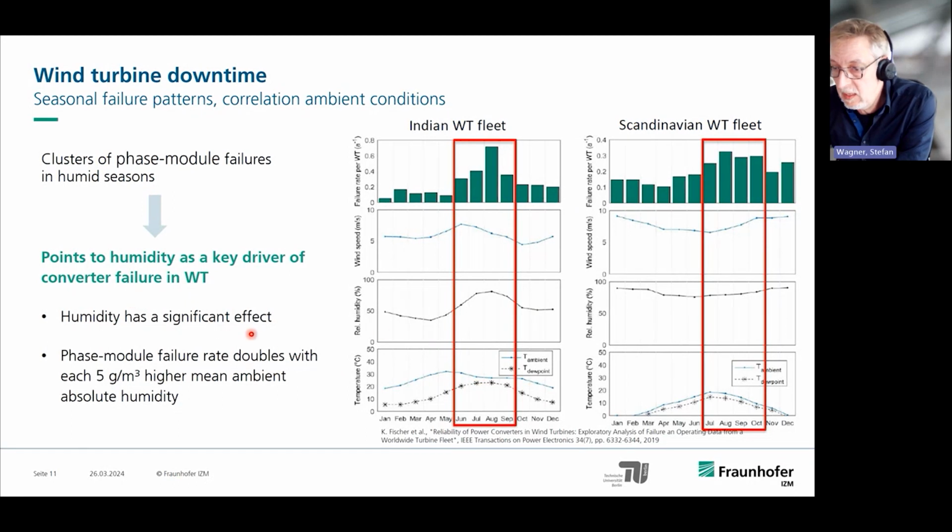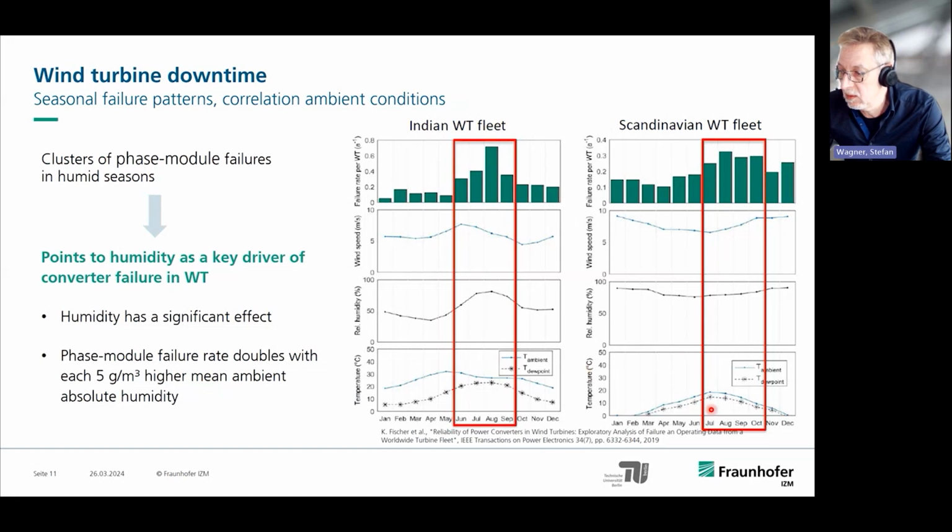Here we can see a significant effect which comes from the humidity, and the analysis shows that the phase module failure rate doubles with each 5 grams per cubic meter higher mean ambient absolute humidity.